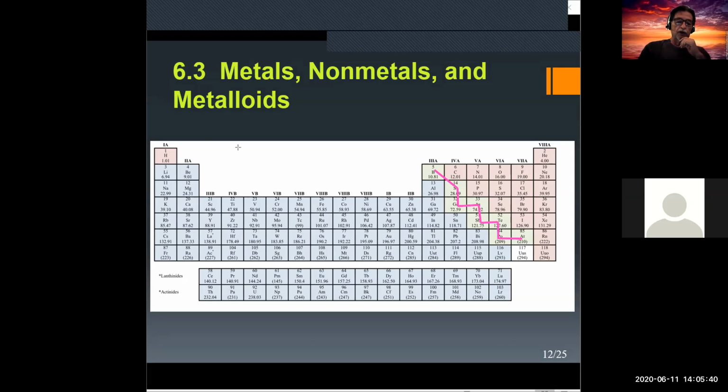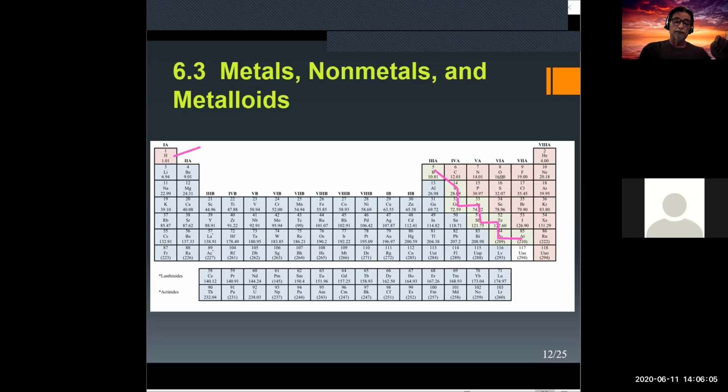Don't forget the other nonmetal over here, hydrogen. We put it there because it has 1 valence electron. That's why it's in group 1. Okay, but it's not a metal. Notice its color. And so if you think about it, there are 1, 2, 3, 4, 5, 6, 7, 8 metalloids.